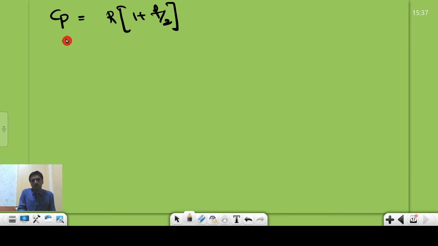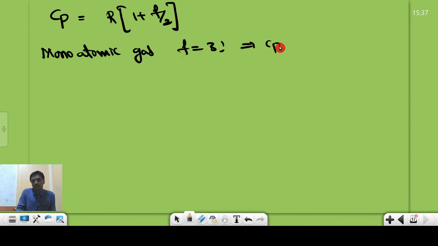So now we are going to write the Cp values for monoatomic gas. For monoatomic gas, degree of freedom F is equal to 3. Then just substitute in this equation: Cp is equal to R into 1 plus 3 by 2. By evaluating this, we get 5R by 2. This is the value of Cp for monoatomic gas.